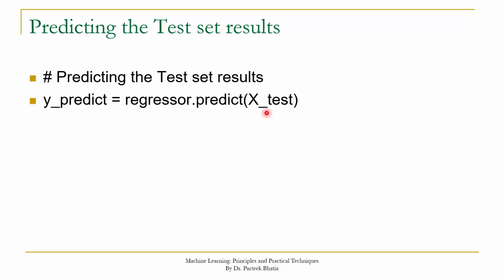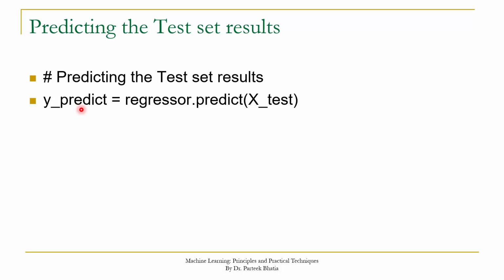So here our test data is X_test. So we are passing this value to predict method for making the prediction on these values, and all these predictions are stored in Y_predict. So then we can compare the value of Y_predict with the Y_test. Y_test contains the actual values, while Y_predict will contain the predicted values.